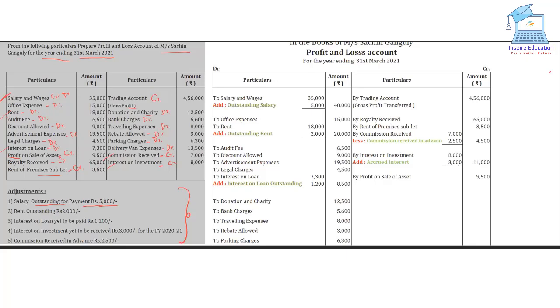Link is already given in the group. The last class.